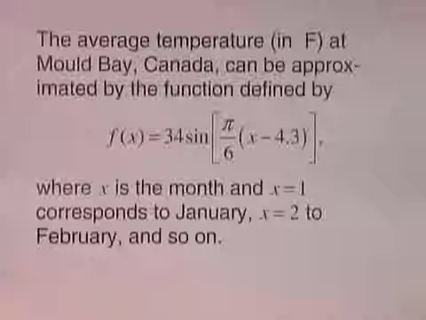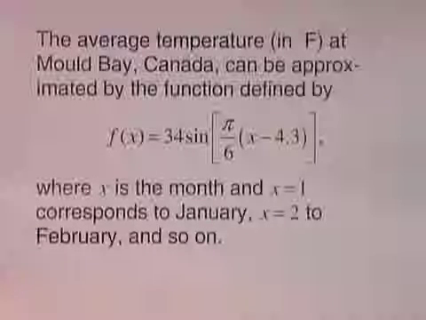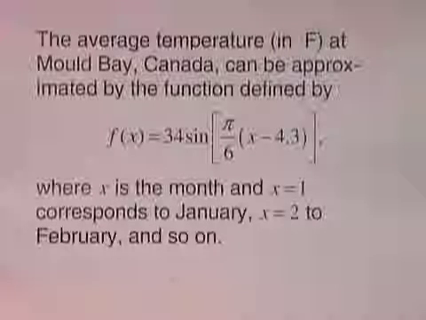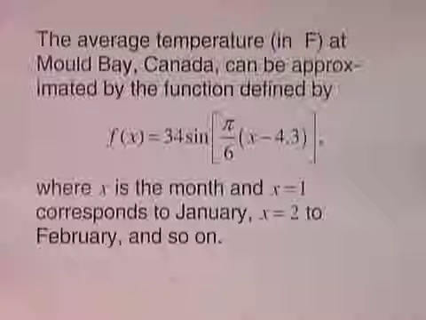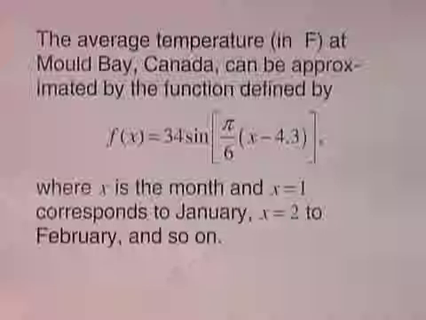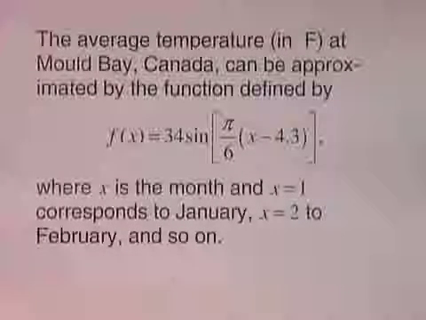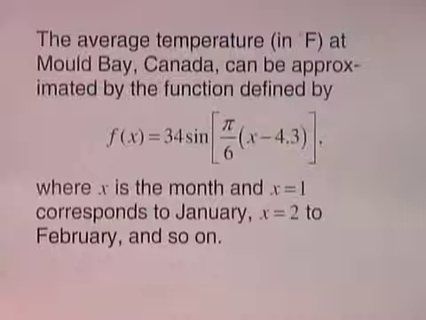In this example, we'll be interpreting a sine function model. The average temperature in degrees Fahrenheit at Mold Bay, Canada, can be approximated by the function defined by f of x equals 34 sine of pi over 6 times the quantity x minus 4.3, where x is the month and x equals 1 corresponds to January, x equals 2 to February, and so on.